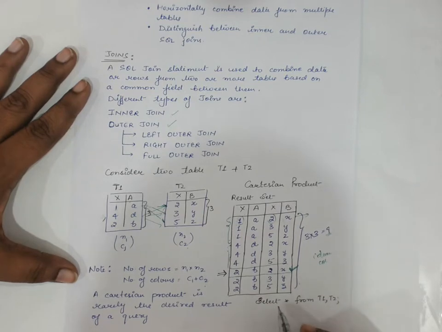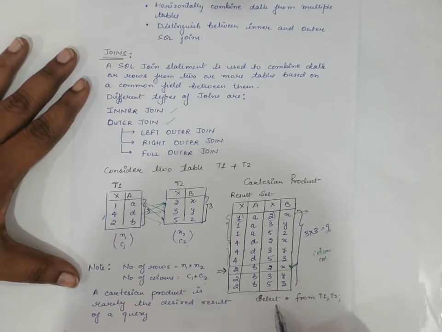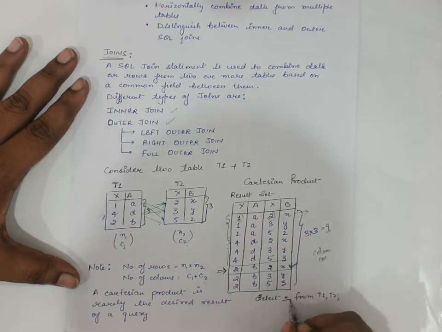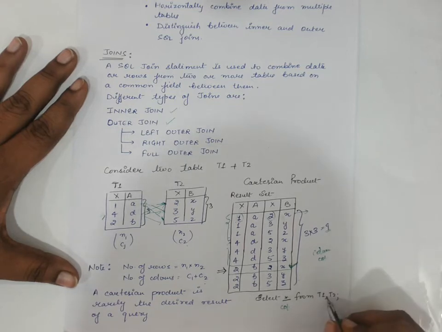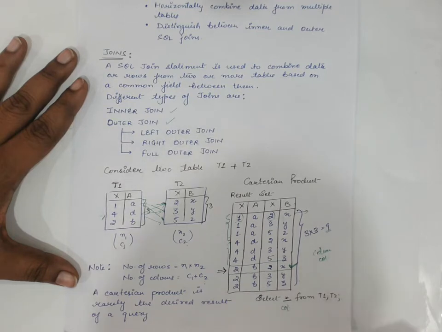The basic syntax for writing the SQL query for the Cartesian product is SELECT star. You can either put a star for fetching all columns, or you can provide a column list for fetching the required attributes from the two tables, FROM T1 comma T2, where the comma operator represents the Cartesian product of the two tables.